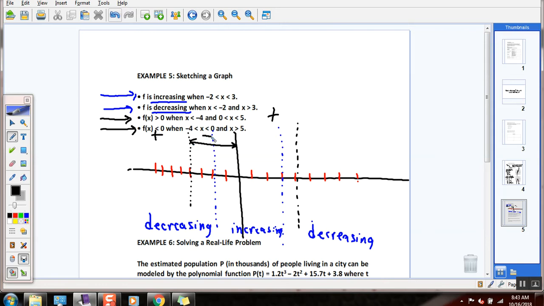We know that from 0 to 5, up here, we're going to have positive values. And then beyond 5, x greater than 5, f of x is less than 0 again. So over here, we're going to have negative values again.